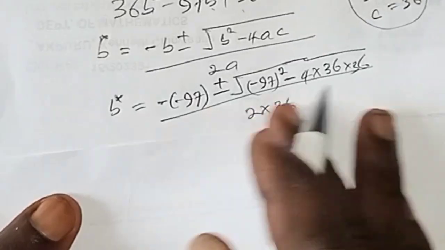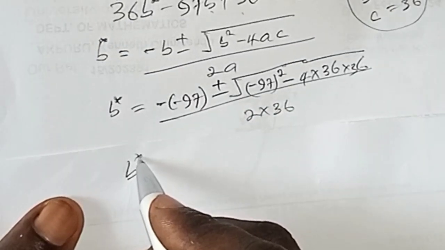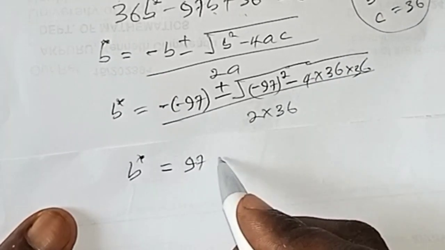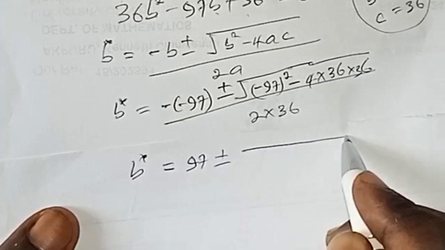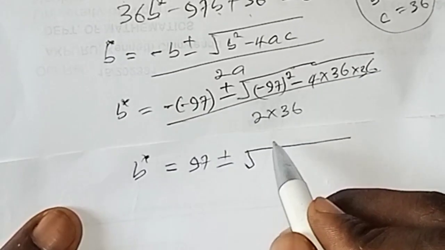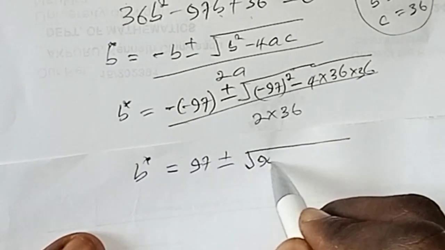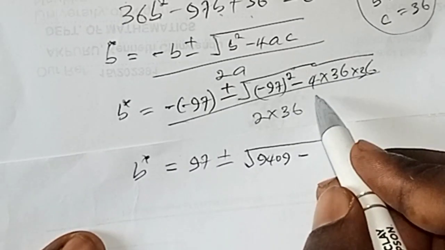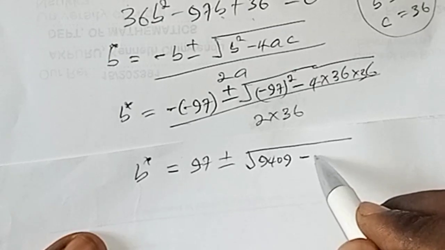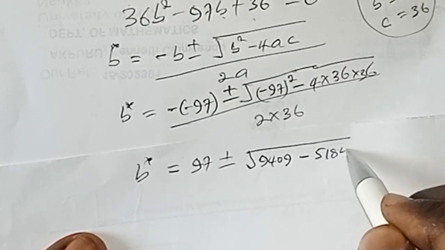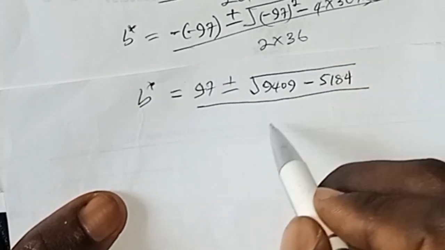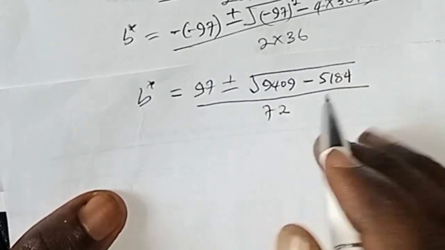Moving further, I'll have that b is now equal to 97 plus or minus the square root of 97 squared, which is 9409, minus, if you multiply all of these, 5184, and of course it is divided by 2 times 36, which gives me 72.